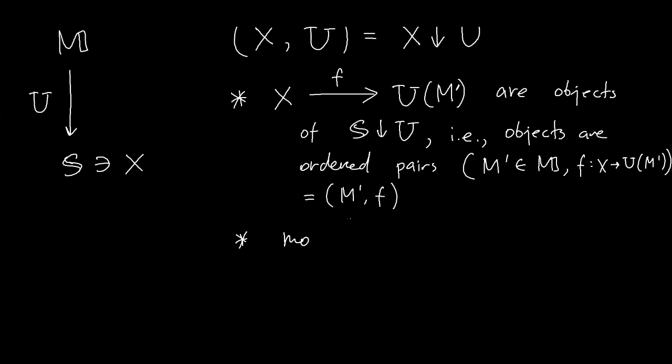So a morphism, let's call this morphism U. Maybe I will not call it U, maybe I'll call it H. From, let's say, M, let me not call this M prime, to make the notation more symmetric.